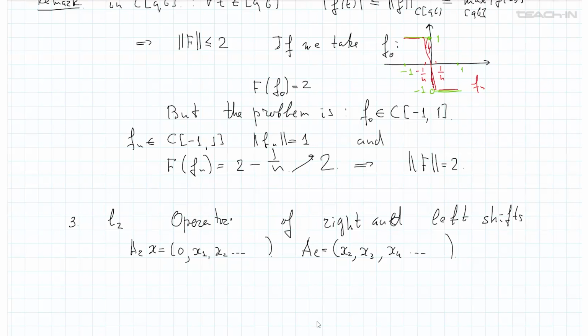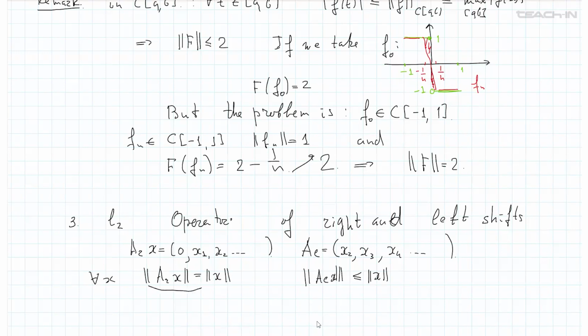But usually they are considered not in L2, but in two-sided L2. But you consider, for example, is it clear that for any x we have equality for right shift, but for the left shift, because we take away the first coordinate, then it is less than the norm of x.